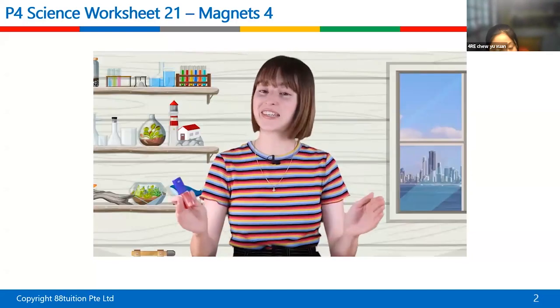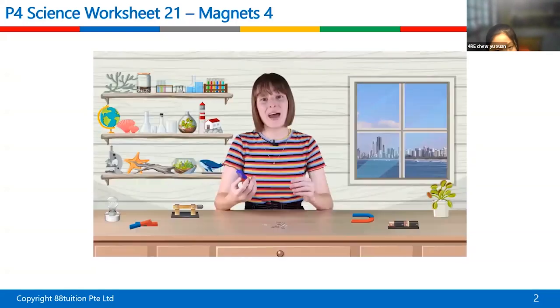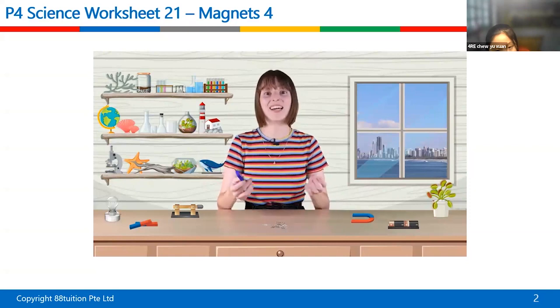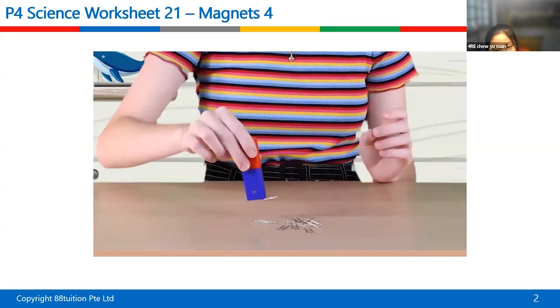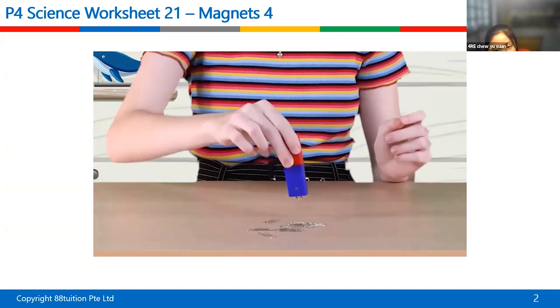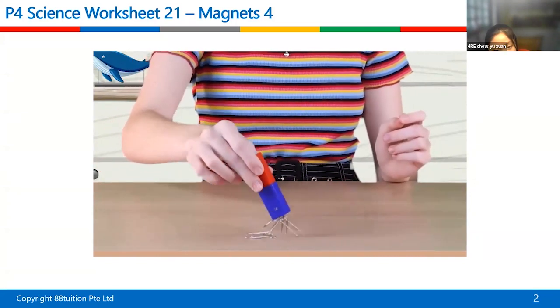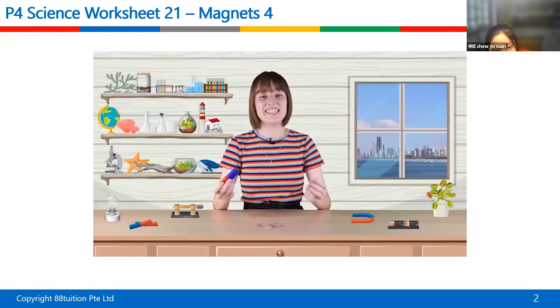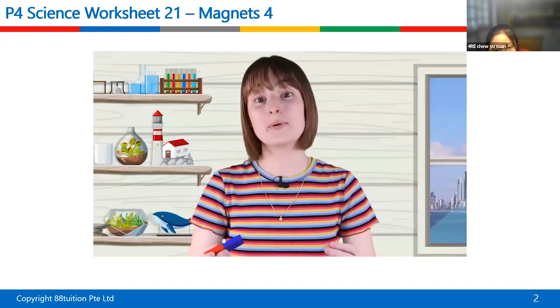It works over a distance. A magnet does not need to be touching the object it pulls. Check this out. Wow, did you see that? The magnet pulled the paper clips through the air.